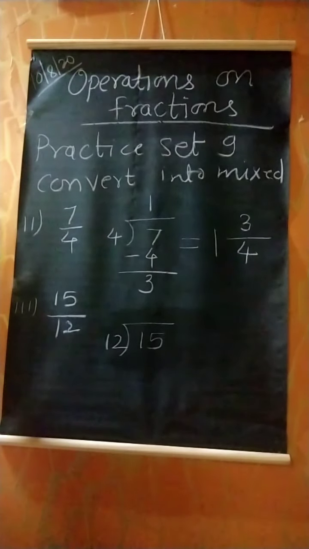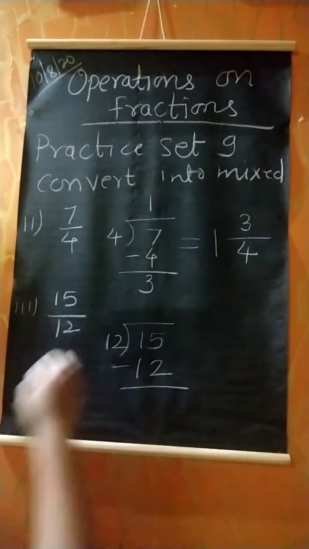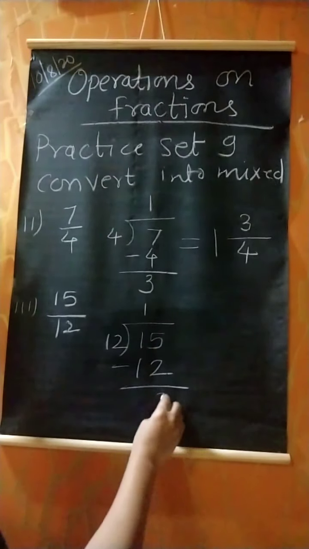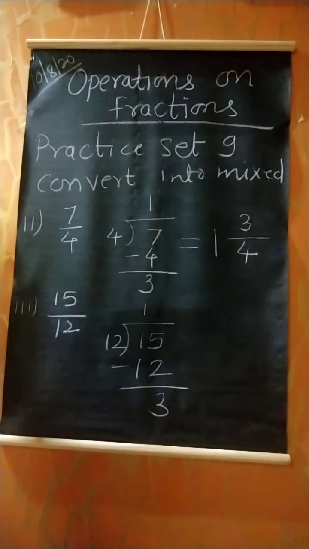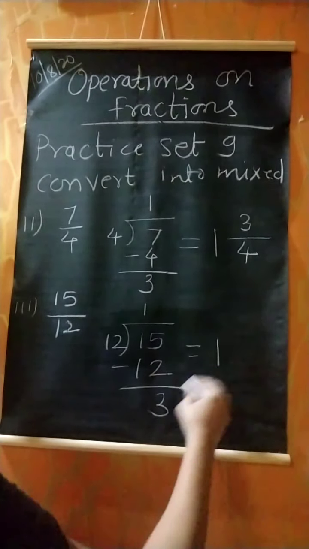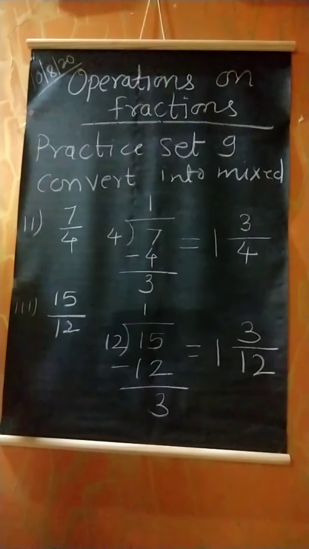Same, 12 is the smaller number in the table of 12 than 15. So subtract 12 from 15, which is on the place 1, and you will get answer 3, right? So your mixed number is 1 complete 3 upon 12. Understand?